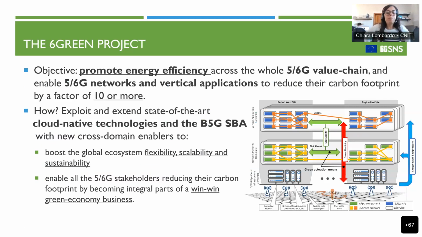The way that we plan to achieve this ambitious goal is to exploit and extend the current state-of-the-art cloud-native technologies, and in particular the SBA, by introducing new cross-domain enablers to boost the flexibility, scalability, and sustainability of the whole ecosystem, and enable all the stakeholders to reduce their footprint by making them cooperate towards a win-win green economy business.